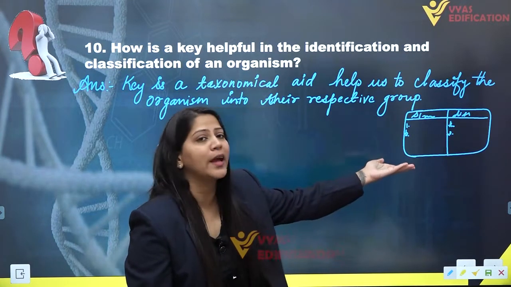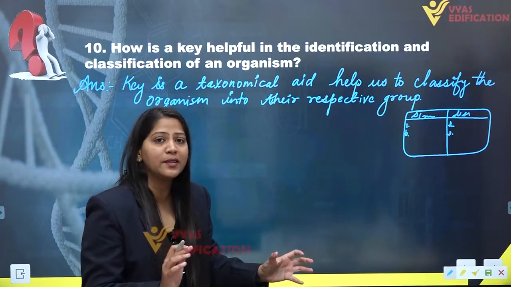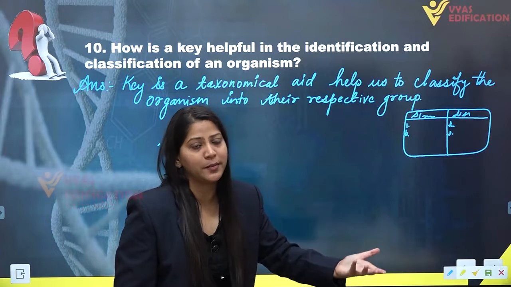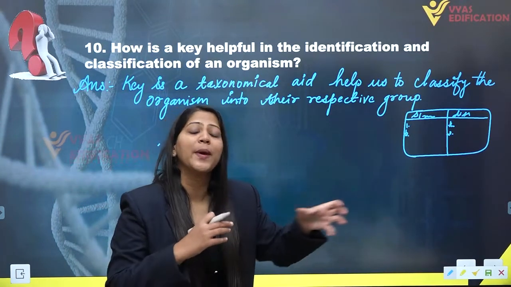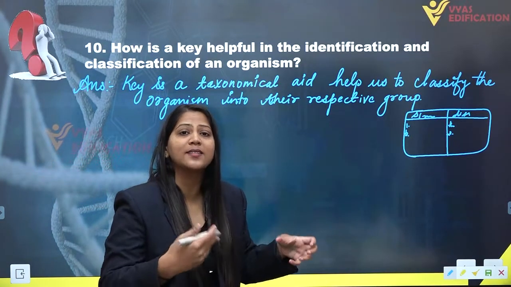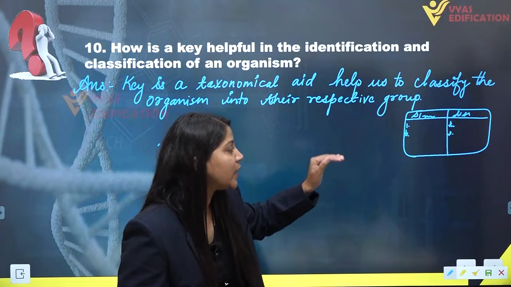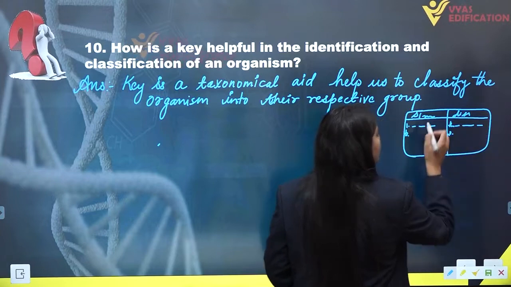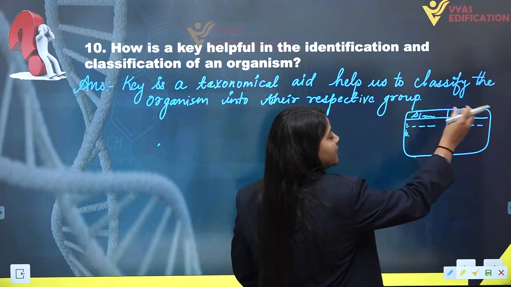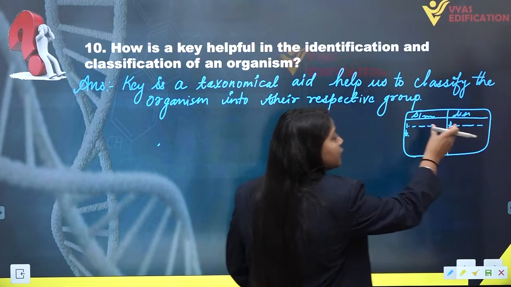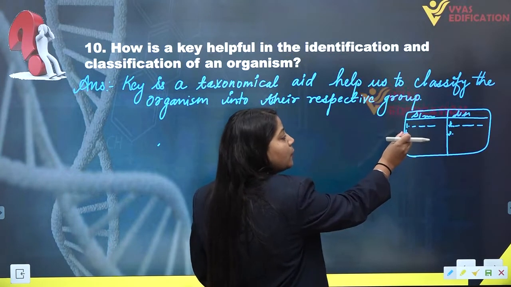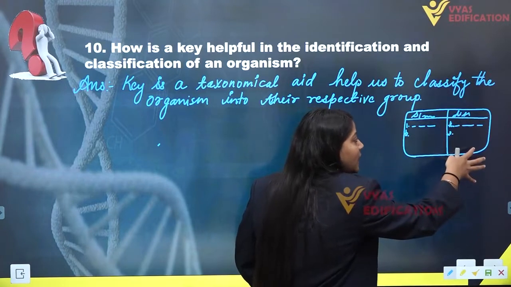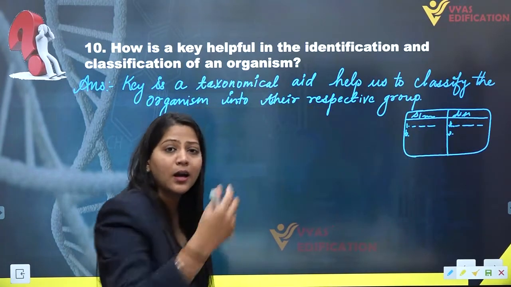We have a lot of statements parallelly in the column of similarities and in the column of dissimilarities, and this pair of statements is known as a couplet. If statement 1 is given in the similarities and statement 1 is given in the dissimilarities, both together are a couplet.